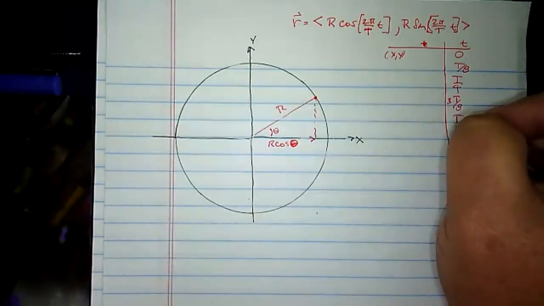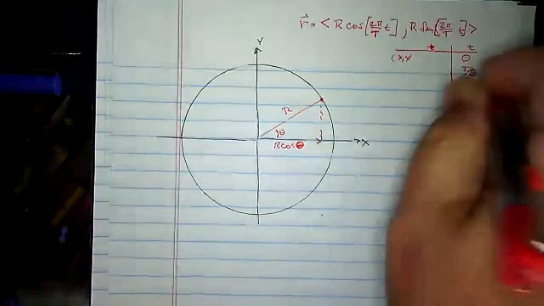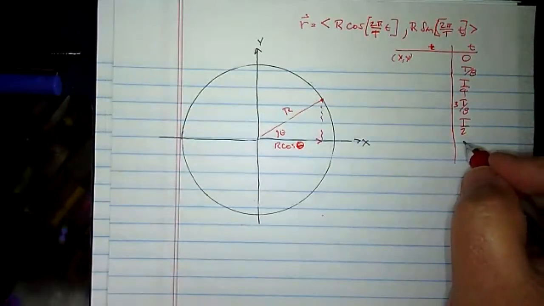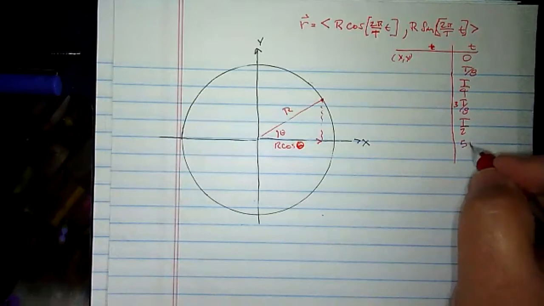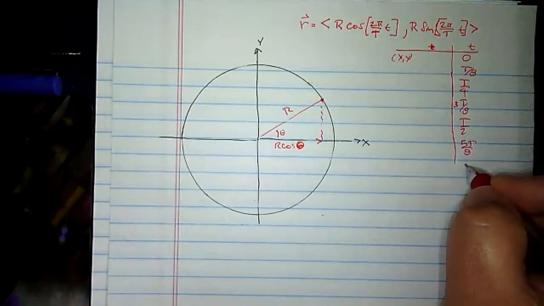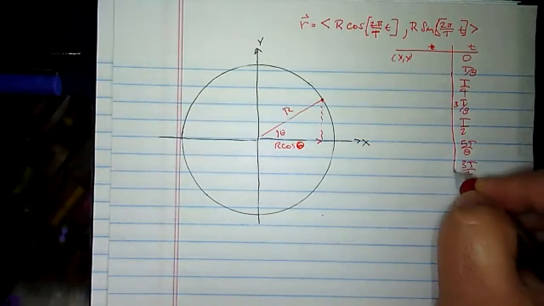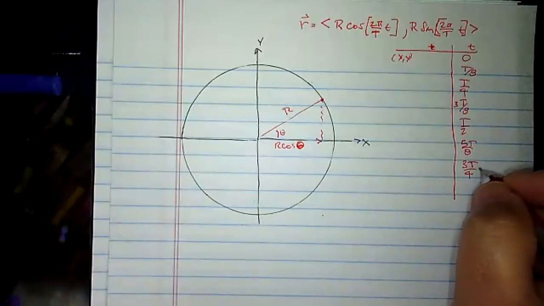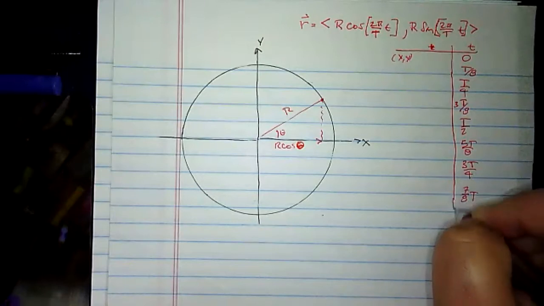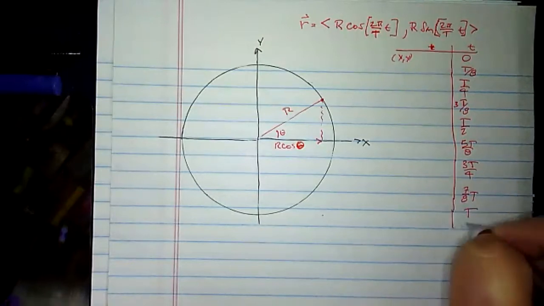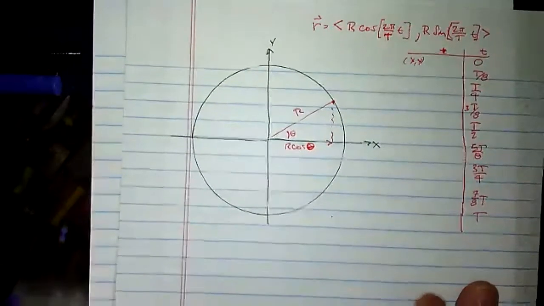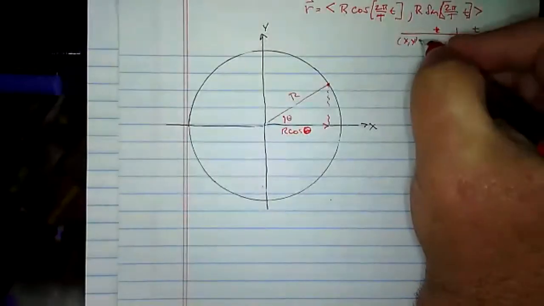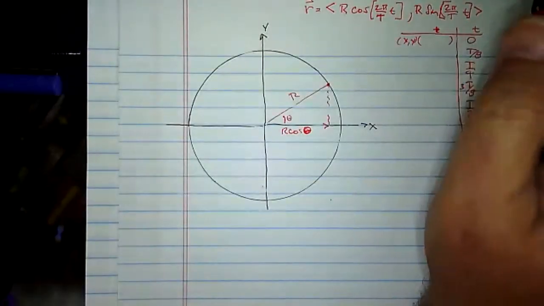Let's say T over 2. Let's say 5T over 8. 3/4 T. And let's say 7/8 T. And then T. So what do you get for x comma y for t equals 0?